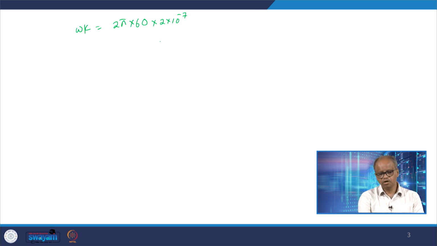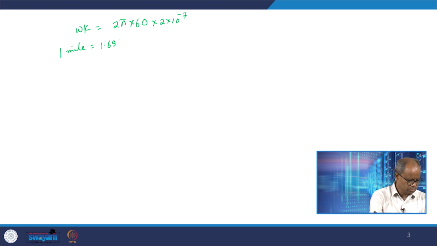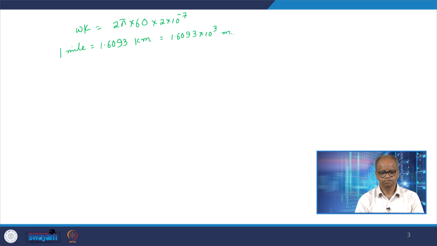Now, because it is per mile, what I have to do is understand that 1 mile is equal to 1.6093 kilometer, that is equal to 1.6093 into 10 to the power 3 meter, right.